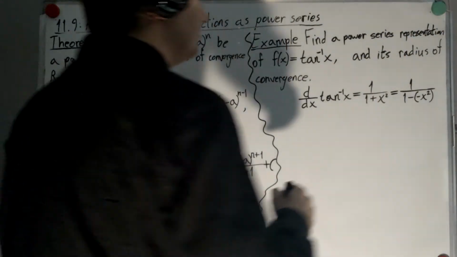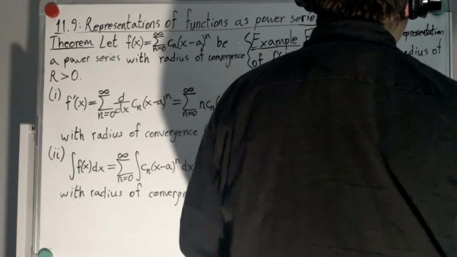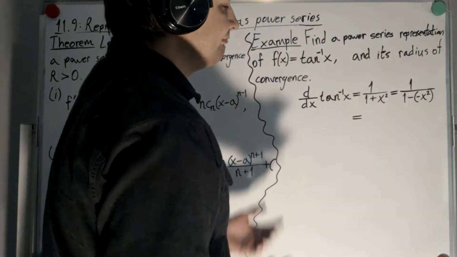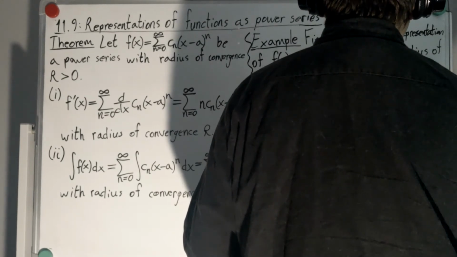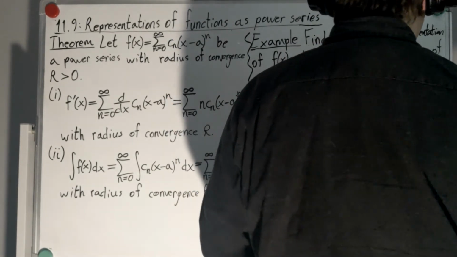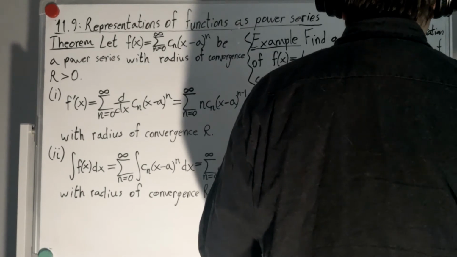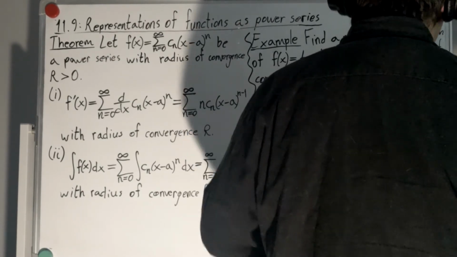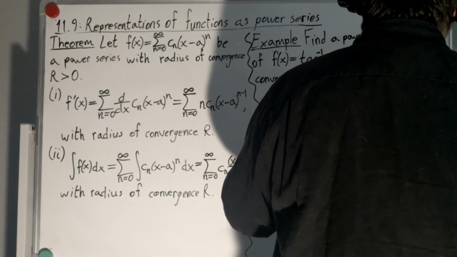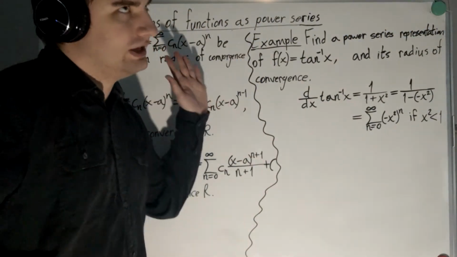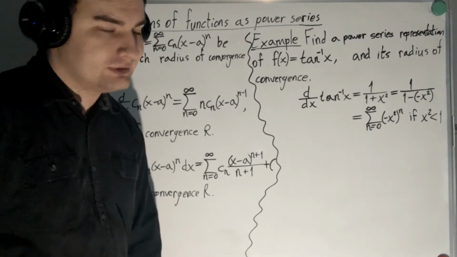which, by our theorem on geometric series, is the same thing as the sum from n equals 0 to infinity of negative x squared raised to the n, as long as the absolute value of x squared is less than 1.